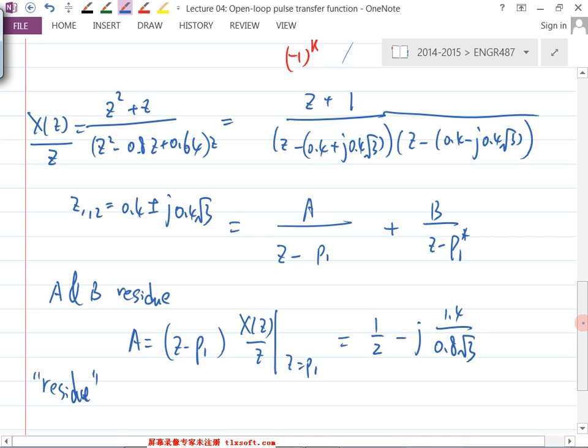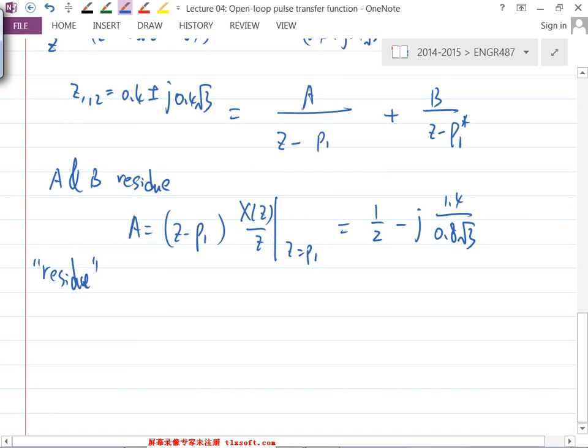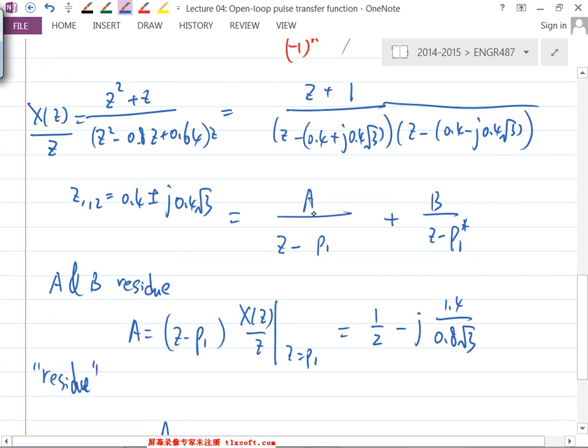So then, what will be the inverse Z-transform? According to this table, you would get A times what? Before you calculate the inverse, you're going to have to multiply the Z back over here.